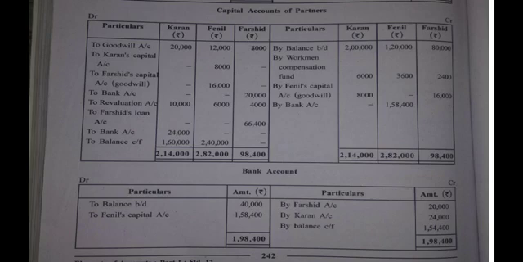You have written to balance carried forward 1,60,000 and 2,40,000, that you have obtained from working notes. Yes, and as I said, we have not totaled these accounts. So once you write down to balance carried forward in partners' capital accounts, the figure, then you will start totaling these accounts.